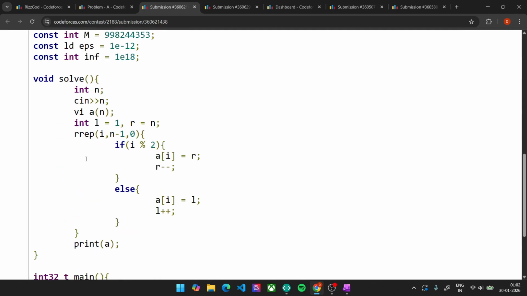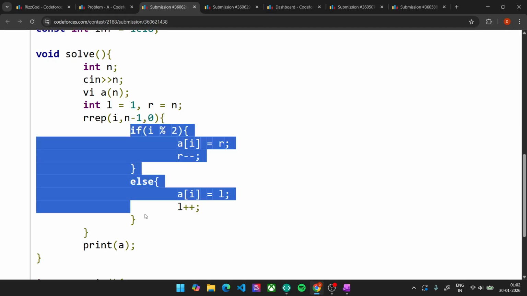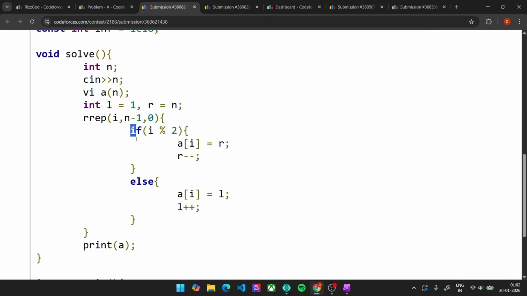Here's the code. I have taken two pointers, the left boundary and the right boundary, which are useful to know up to what values I have used till now. I am starting from the back, and to get an alternating pattern, I'm just using the parity of the index.